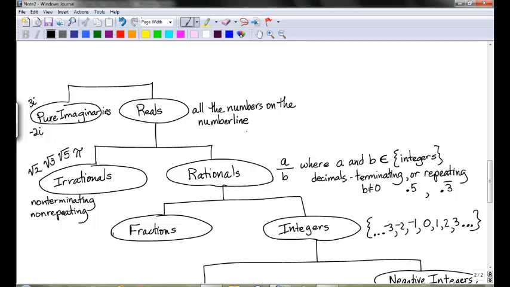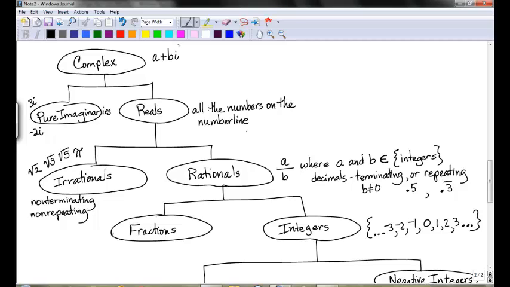If you put the pure imaginaries and the reals together, in Algebra 2, you finally got to the complex numbers. The complex numbers are in the form of a plus bi. This is the real part, the a, and the bi is the imaginary part. So we're working in the complex number system.